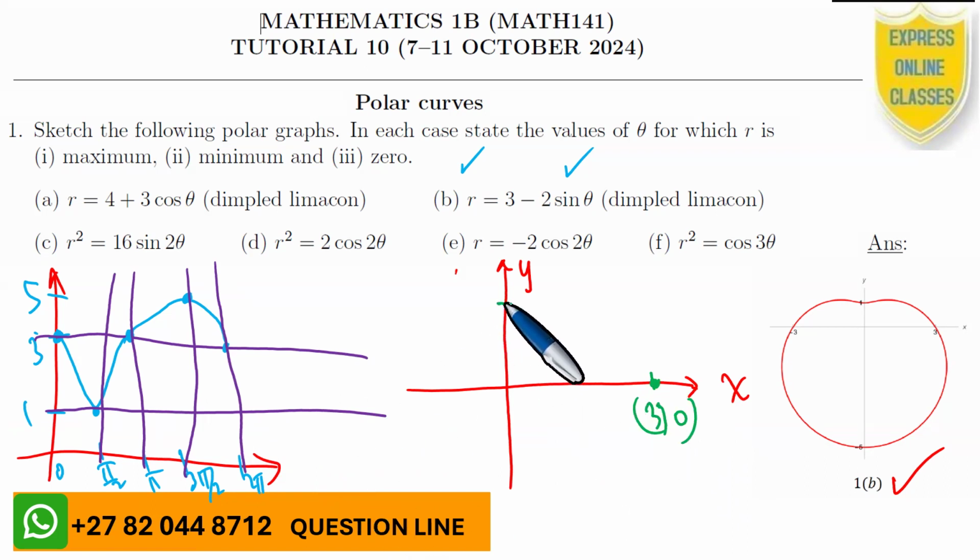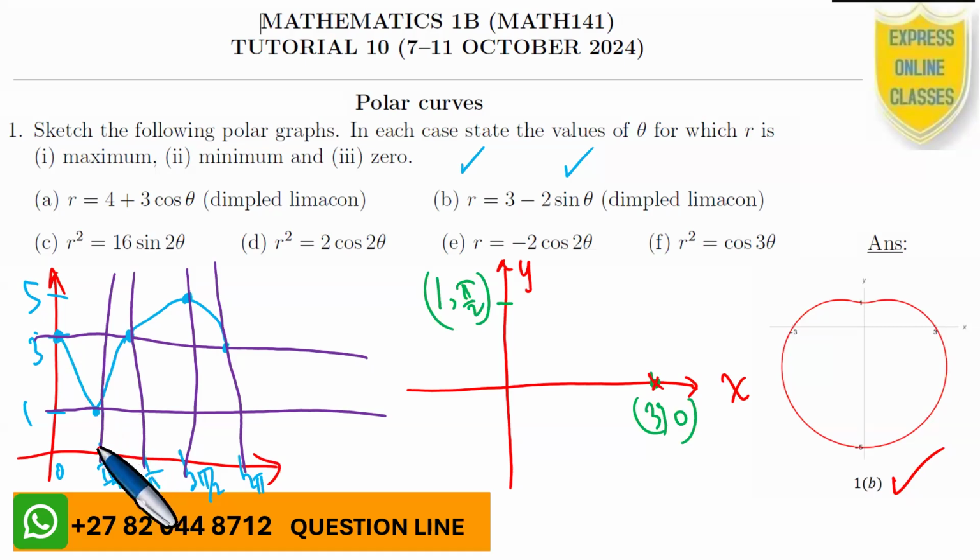And then at pi over 2, it is 1. Continue. So at 3 pi over 2, then you have a 3. But you can see there is a gradual decrease, yeah?